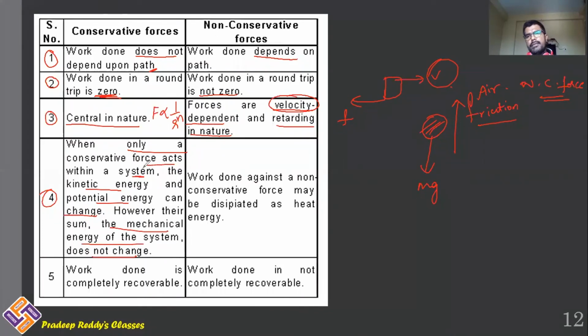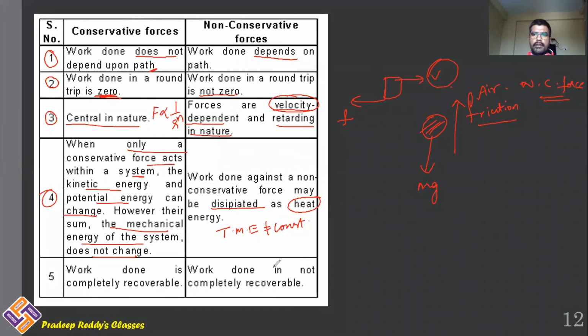Whereas in the case of a non-conservative force, energy gets dissipated, in the sense lost. Energy is lost in the form of heat energy. Therefore, total mechanical energy is not constant. There is some loss in the mechanical energy in the form of heat.